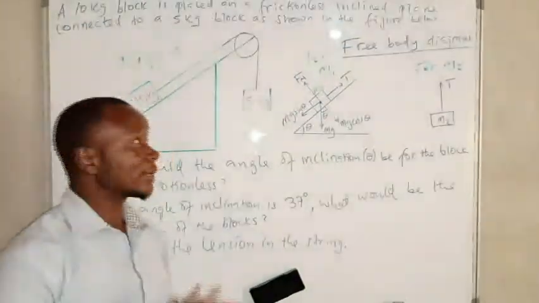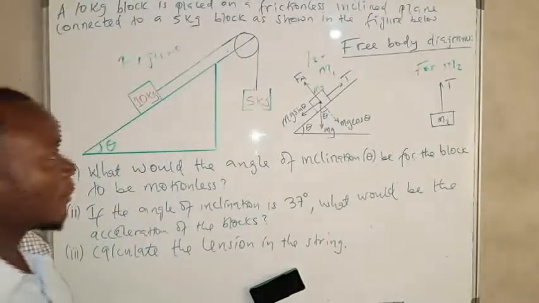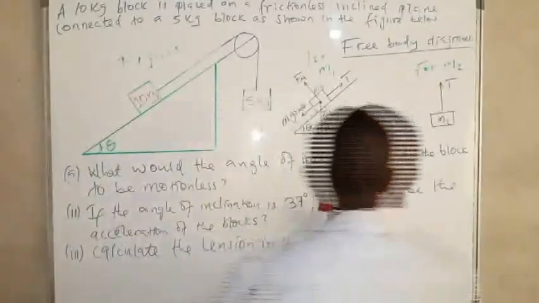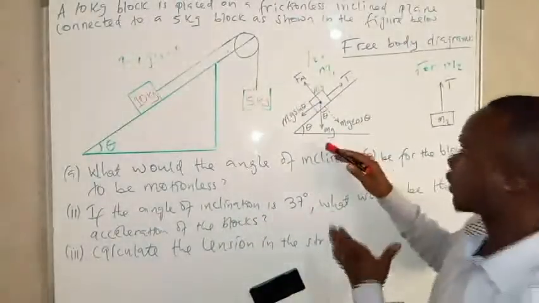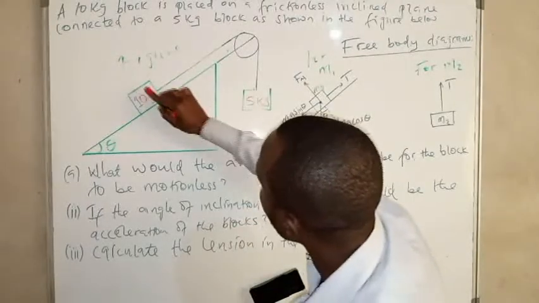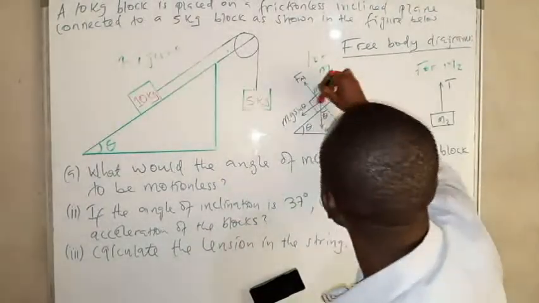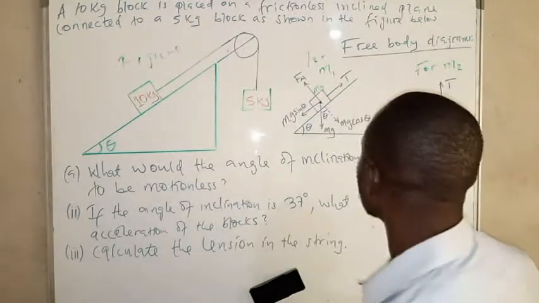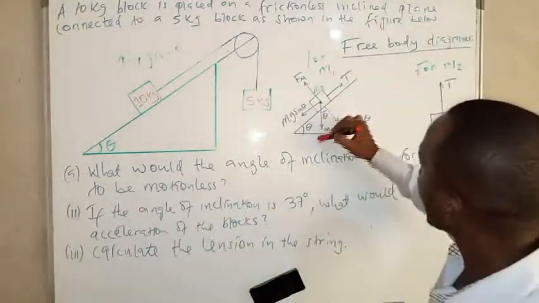So now let us come up with the free body diagram, which has already been drawn here. For mass one, we have the normal force and the weight that points directly downwards.